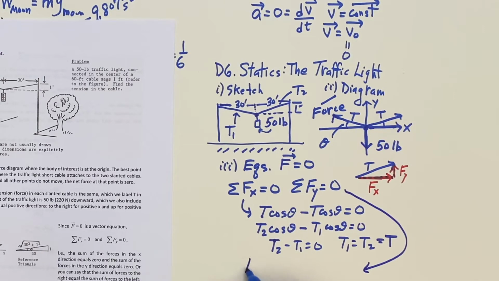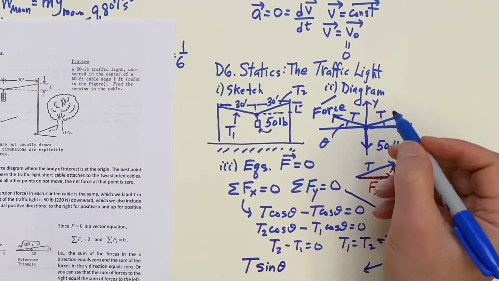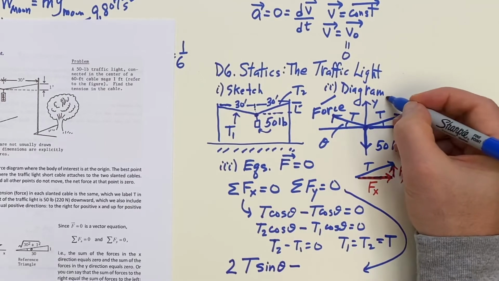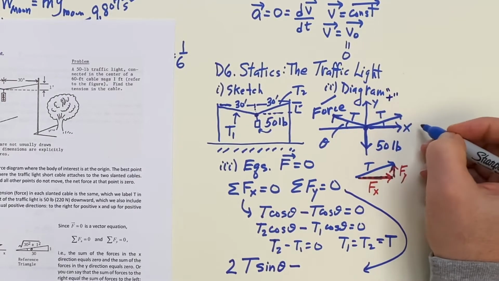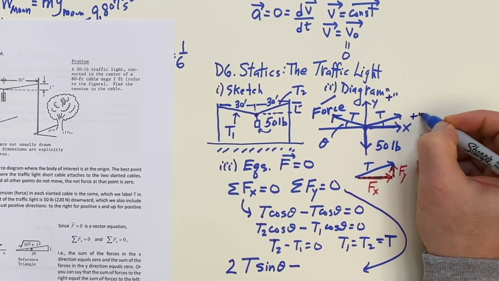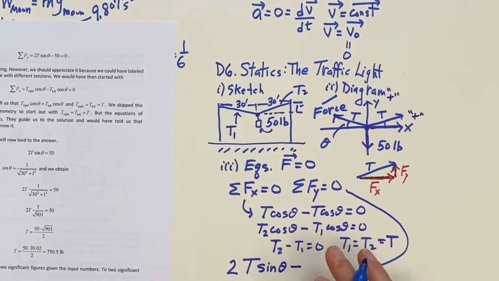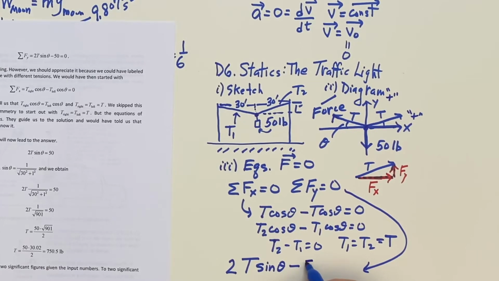Then if we go with the y equation, that would be T sine of theta, and there's two of them that are going up, and then minus, notice my plus direction is up, is positive y, and then to the right is positive x. So basically using the summation of the forces with the signs. So this is minus 50 pounds is equal to 0.